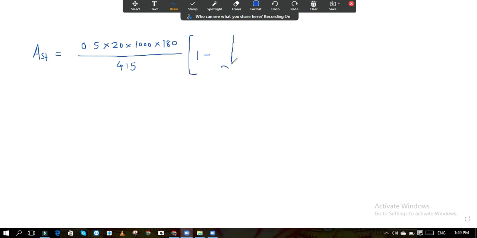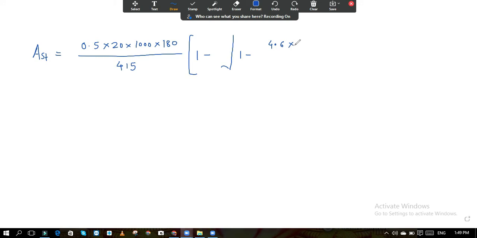Okay, so put the values. AST is equal to 0.5 FCK B D divided by FY in bracket 1 minus square root of 1 minus 4.6.